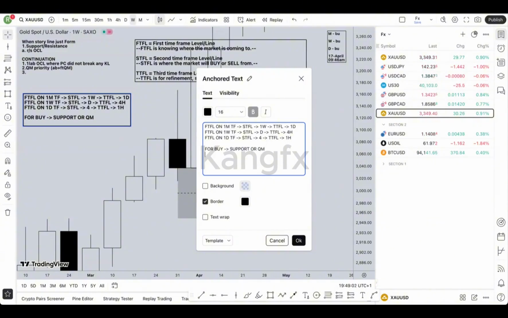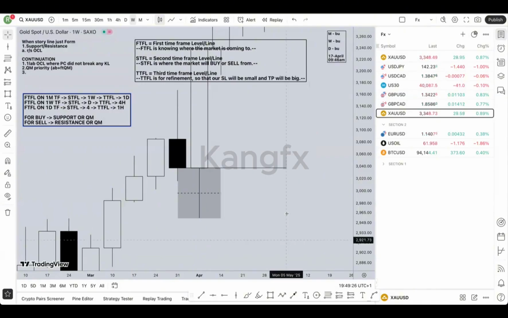Then for sales, if you want to sell, the only thing we look for is going to be resistance or QM. When we are on STFL, these are the only things we look out for: support, resistance, or QM.